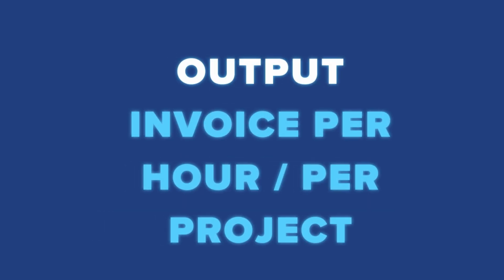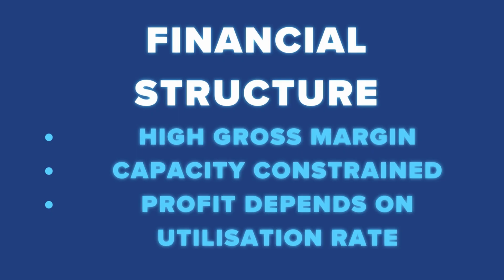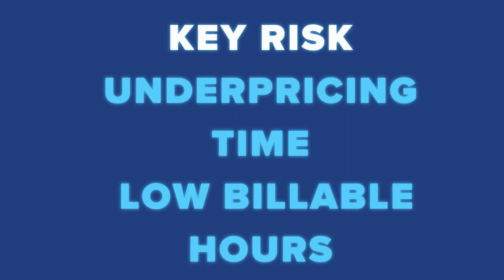The output is the invoice per hour or per project. The financial structure is high gross margin, capacity constraint, and profit depending on utilization rate. The key risks are underpricing time and low billable hours.